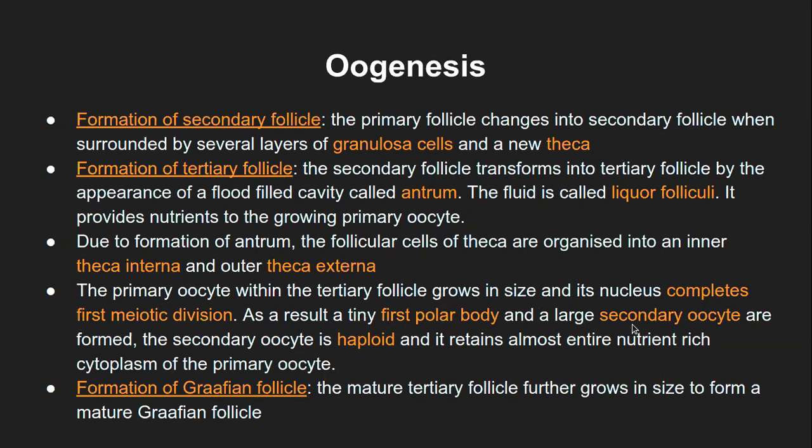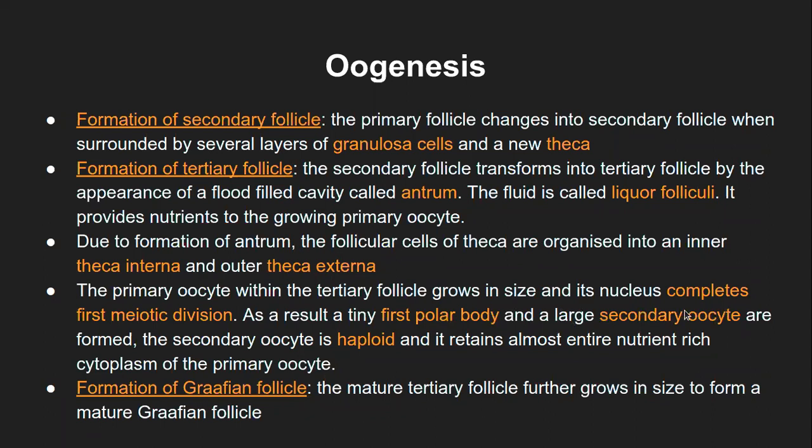But the rest of the structures are the same. If you talk about the nuclear division of the first polar body in terms of number of chromosomes, they will be the same. It is just the cytoplasm that is differently divided, that is, the secondary oocyte gets the maximum.